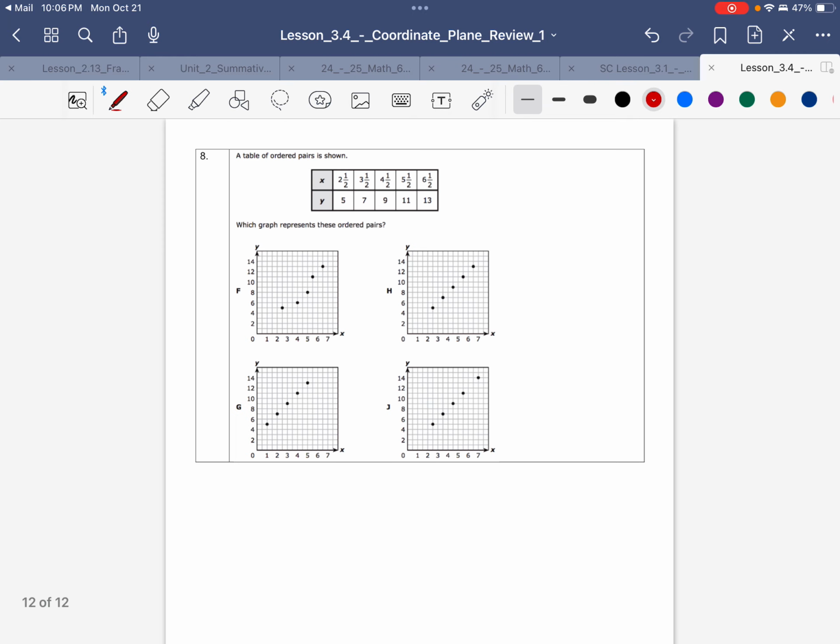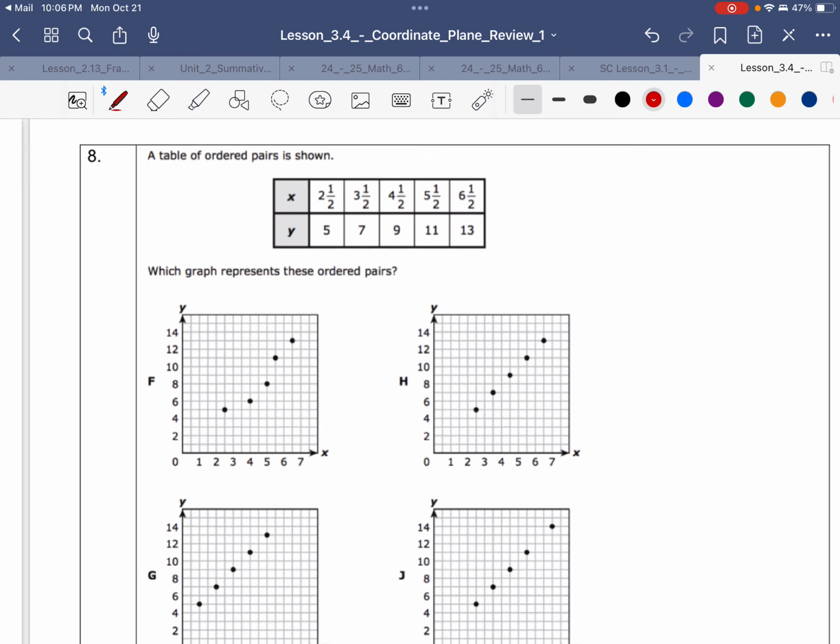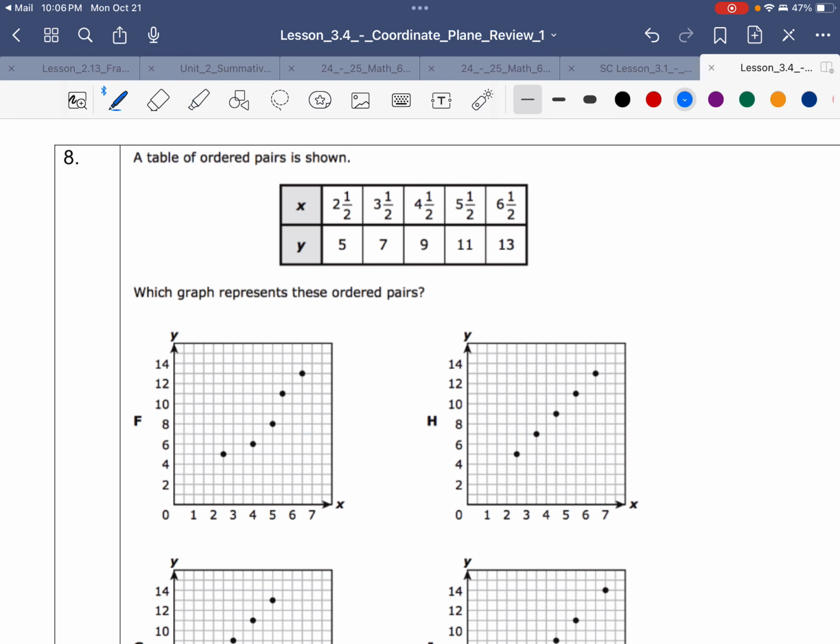All right, last question. A table of ordered pairs is shown. Which graph represents these ordered pairs? All right, same thing we just did. Write out your ordered pairs. I'm gonna zoom in a bit so I can write these a little bit better. So we got 2 1/2, 5, 3 1/2, 7. Sometimes you might need to write them out to the side.